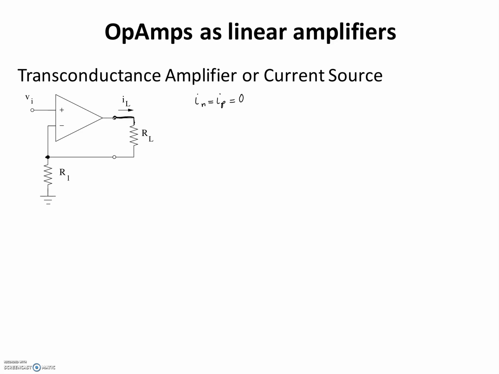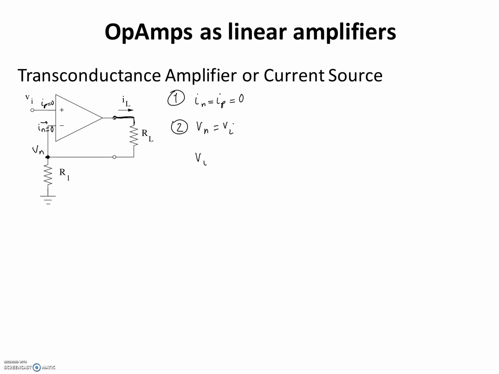So Vn is going to be equal to Vi from the second golden rule, and this is my Vn node voltage at the inverting terminal, and IN is equal to 0, IP is also equal to 0. Okay, so Vn is equal to Vi.